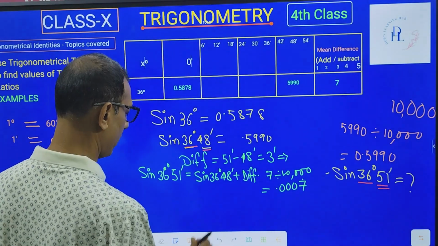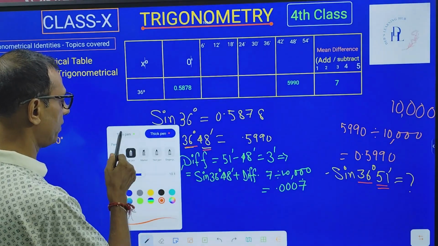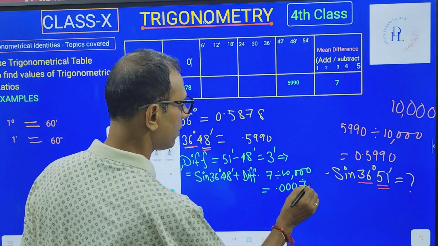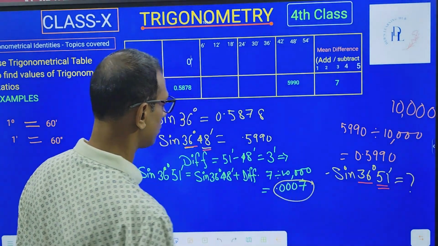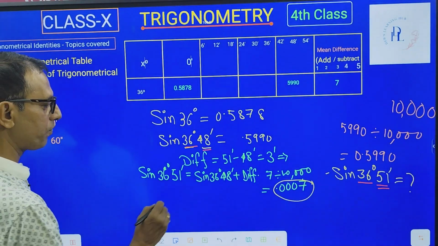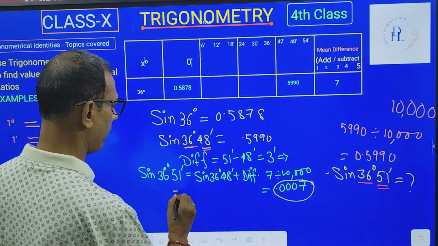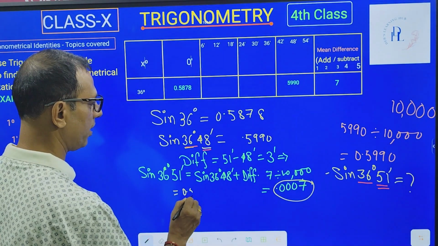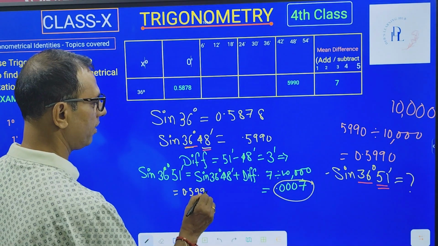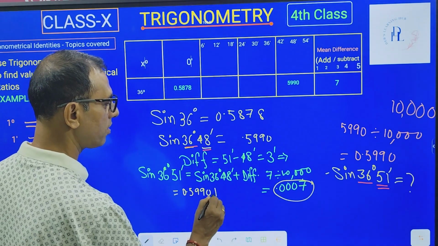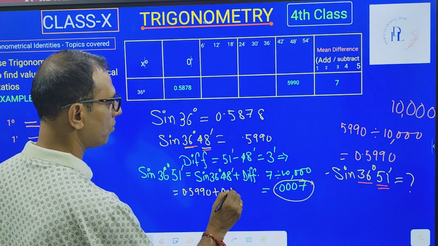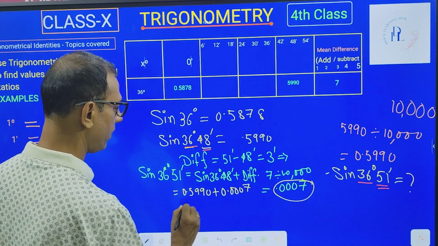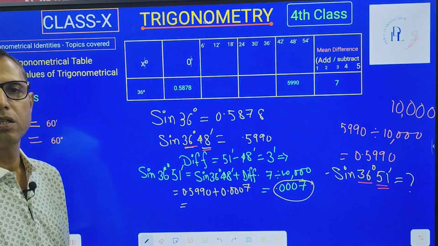The difference value here is 0.0007. Therefore, sine 36 degree 48 minute means 0.5990 plus 0.0007, and then whatever will be the calculation.